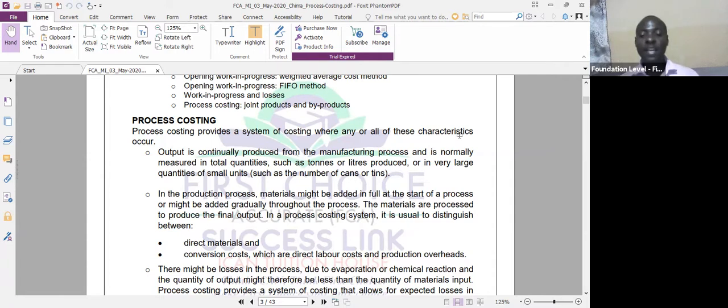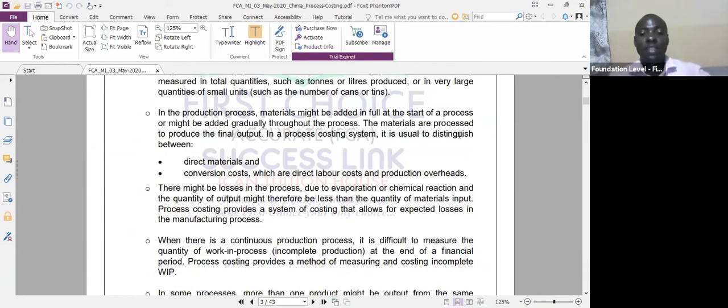There are some overheads that will also assist in converting direct material to final output. So we are going to be seeing all of this in just two lines. First line, direct material. This is because the quantities of direct material is what we are trying to track or account for in the final product. Then every other cost apart from material is called conversion cost.